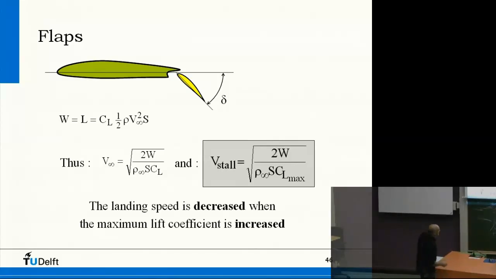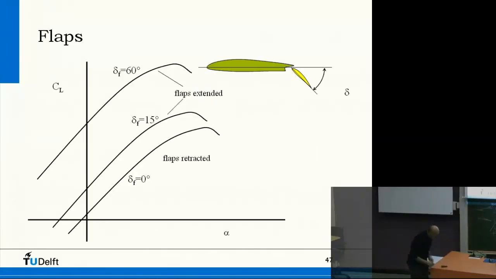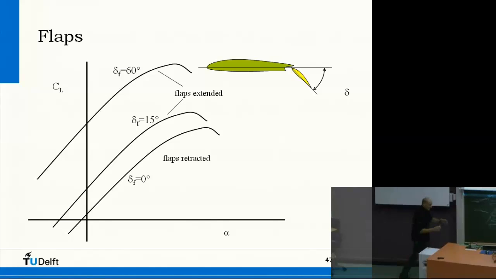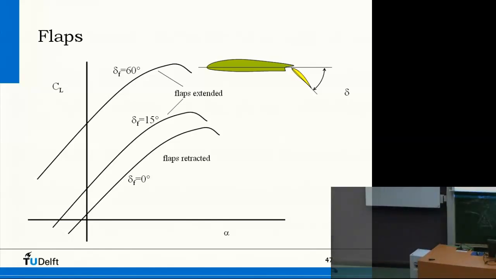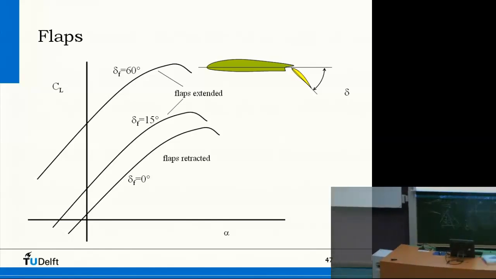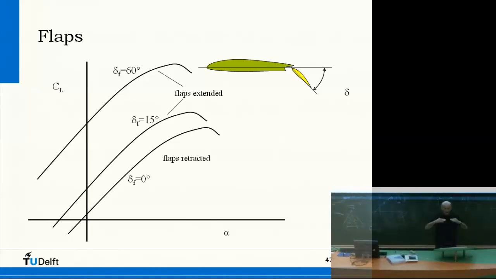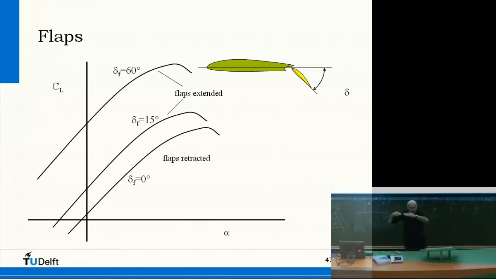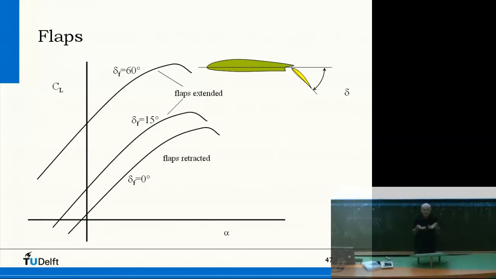Okay. So if the landing speed is decreased, you have to do something about the lift coefficient and the area. Now, of course, we've seen that if you have an airfoil and you increase the camber, you increase the curvature of the airfoil, then you increase the amount of air that is pushed downward. And because you increase the air that is pushed downward, the air will give a lift force up. So you increase the lift if you camber your airfoil.